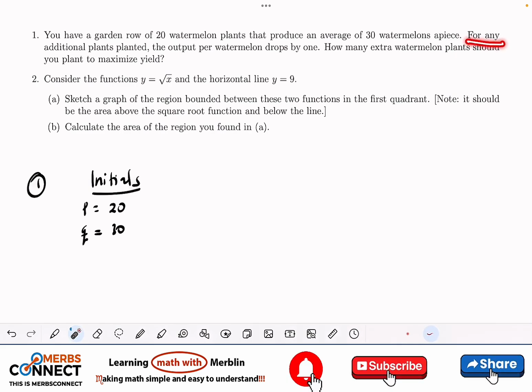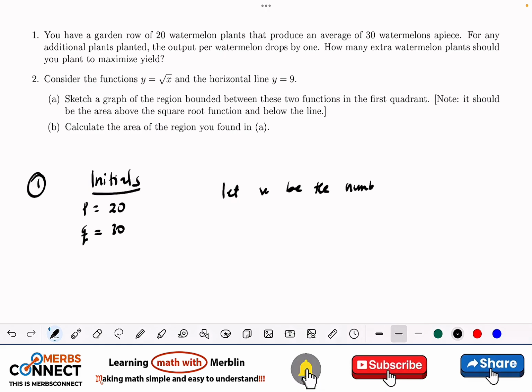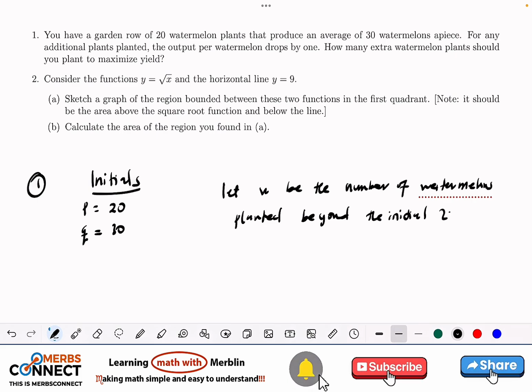Now we are saying that for any additional plants planted, we want to plant one additional. So let x be the number of watermelon planted beyond, or the additional watermelon planted beyond the initial 20, right?